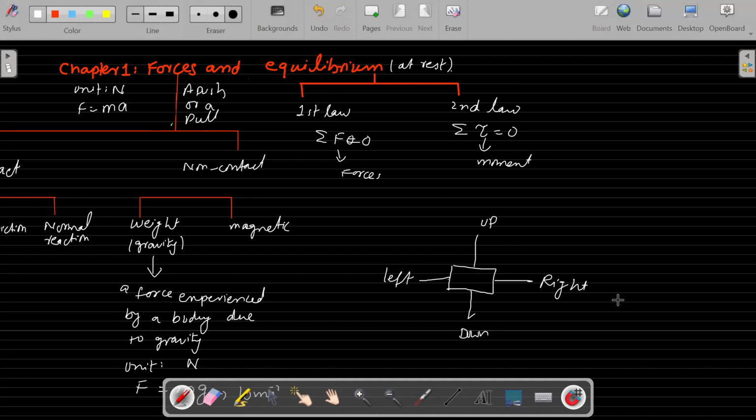If my body is moving in this direction, then this will be my forward force. To compensate that, there will be a backward force, which will be frictional force, Fs. Usually we consider either tension as upward force or normal reaction, R. If there is a string attached to this box, there will be tension. If there is no string, that will be a normal reaction. And for downward force, like in O levels, we always assume weight.